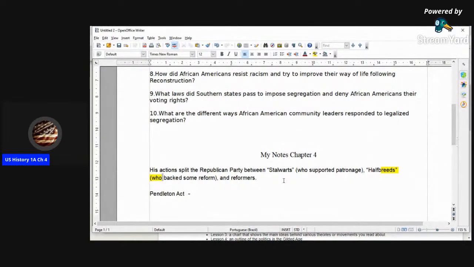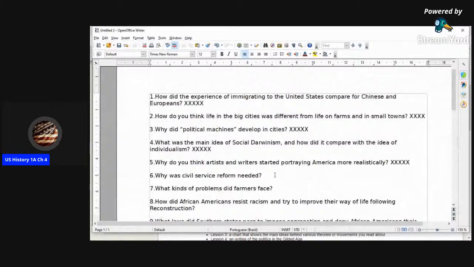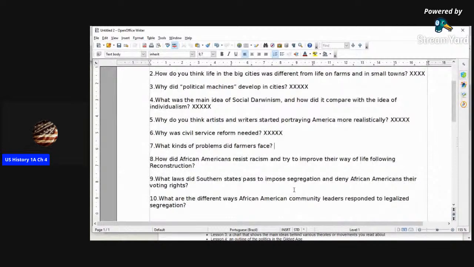Now people got government jobs based on their skills and qualifications, not patronage. And I believe this answers question number 6. If you're paying attention right now, you'll see that we just read the answer to number 6. So now you have to pay attention to find out about farmers.